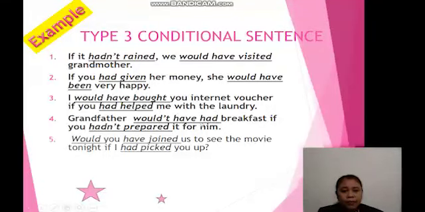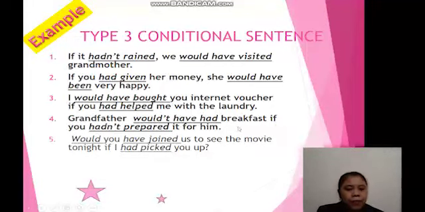Wouldn't have is a formula or structure, and then the had here is the verb 3 of have. So it becomes wouldn't have had. Understand? Okay. So grandfather wouldn't have had breakfast if you hadn't prepared it for him.